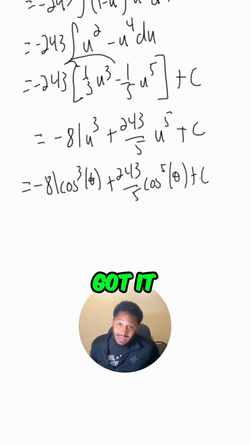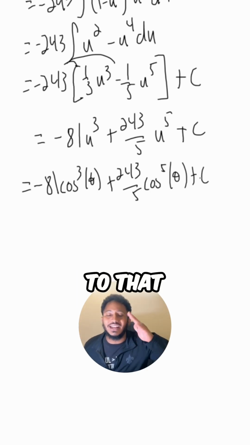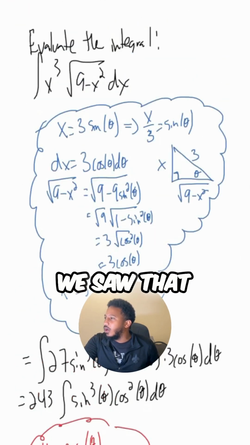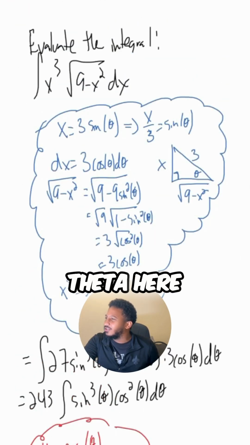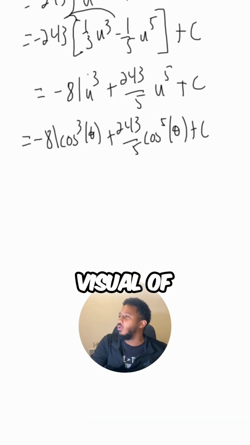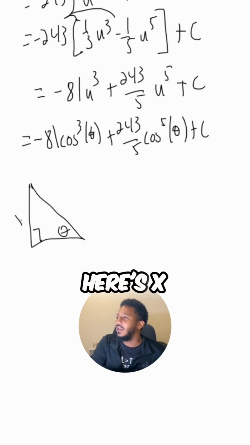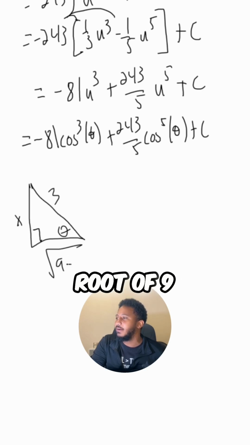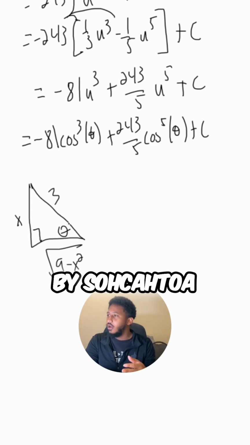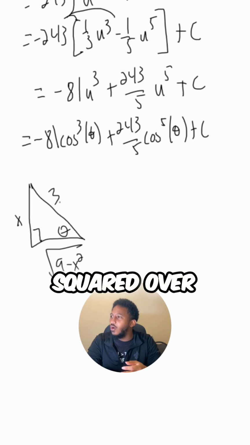But again, we didn't start off with thetas, we just started with x's. We made the theta stuff up too. So let's go back to that original triangle that we had, because that helps us out. In our triangle, we had theta here, x, 3, and the square root of 9 minus x squared. If I need the cosine of theta, by SOHCAHTOA, cosine is adjacent over hypotenuse, so that would be the square root of 9 minus x squared over 3.